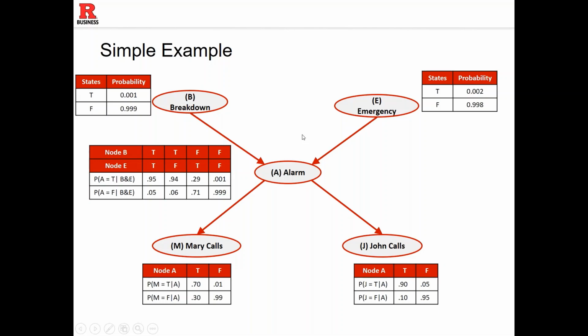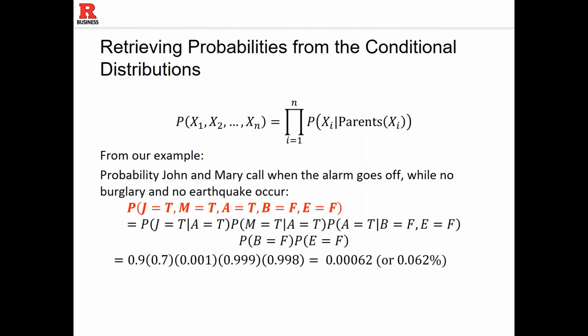Now, if I wanted to determine the probability of a specific sequence of events, for instance, in this example, that John and Mary call when the alarm goes off while no burglary or earthquake occurs, from the tables I can develop this expression, which is the product of the conditional probabilities.